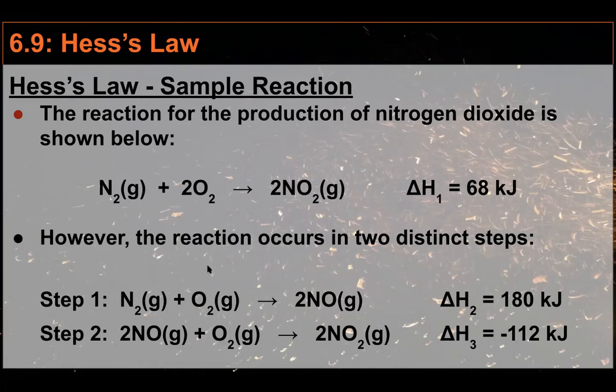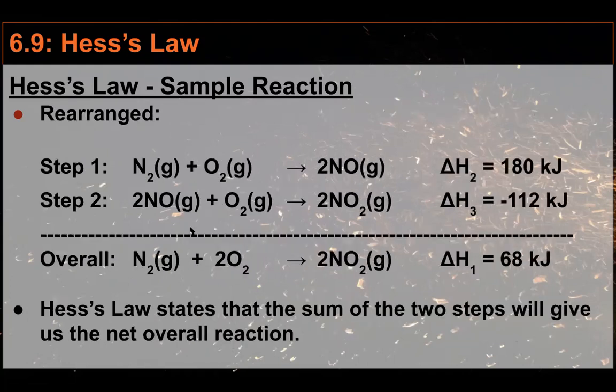So let's make this look a little bit more like an addition problem. We're going to put the 2 elementary steps that we're adding together up here so that we can see this a little bit more easily. So step 1, step 2, the delta H for this step, delta H for this step. When we add these two reactions together, we get our overall reaction.